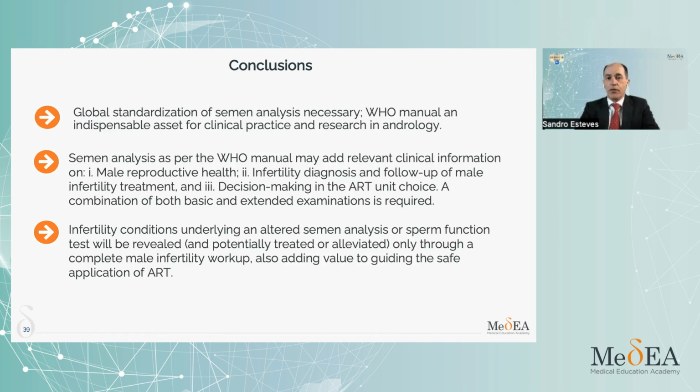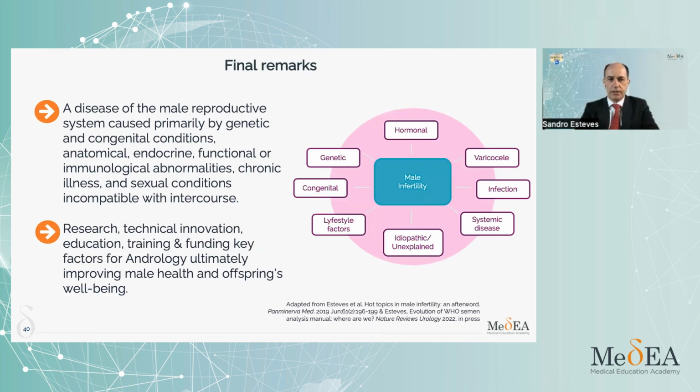However, medical and infertility conditions underlying an abnormal semen analysis or an abnormal sperm functional test will only be reviewed and potentially treated or alleviated through a complete male infertility workup.